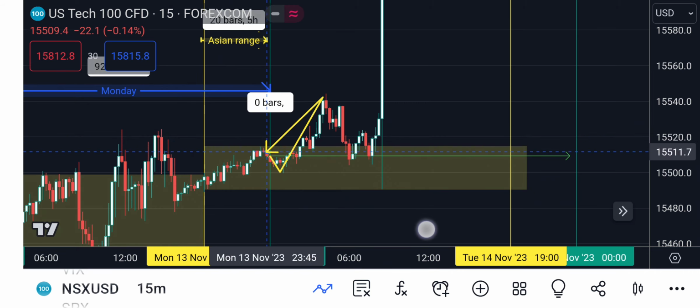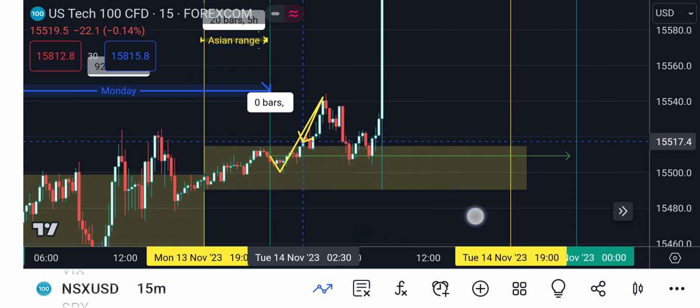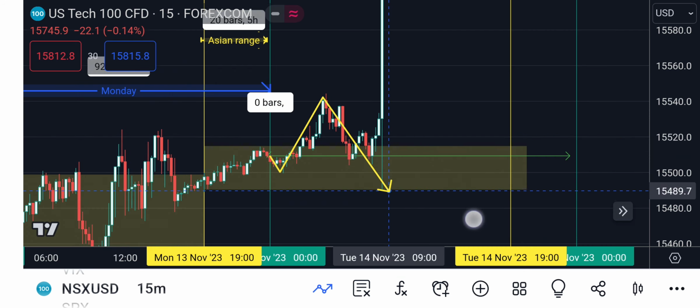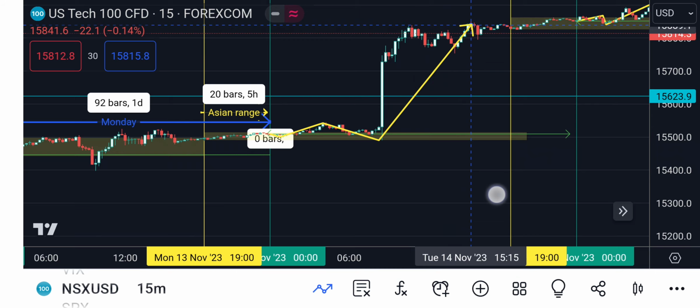So you can see that above the Asian range high and above the Monday high has the highest probability of it going to the upside. Then from here on, it just shot all the way up, and then you just consolidated from there on.